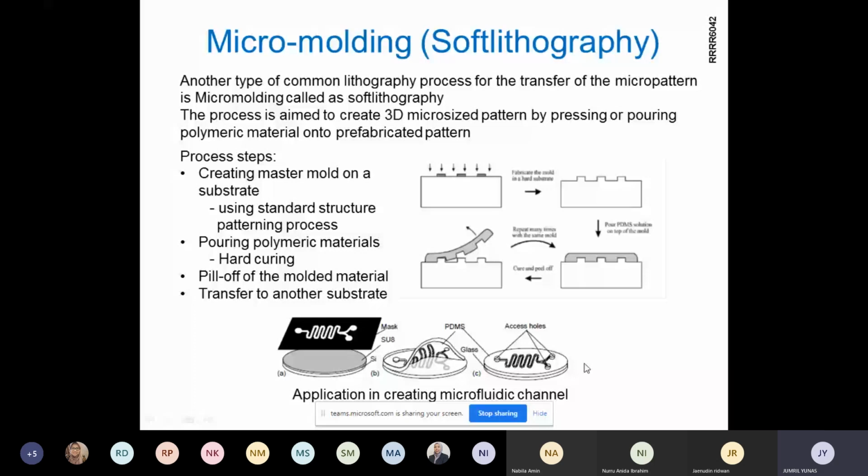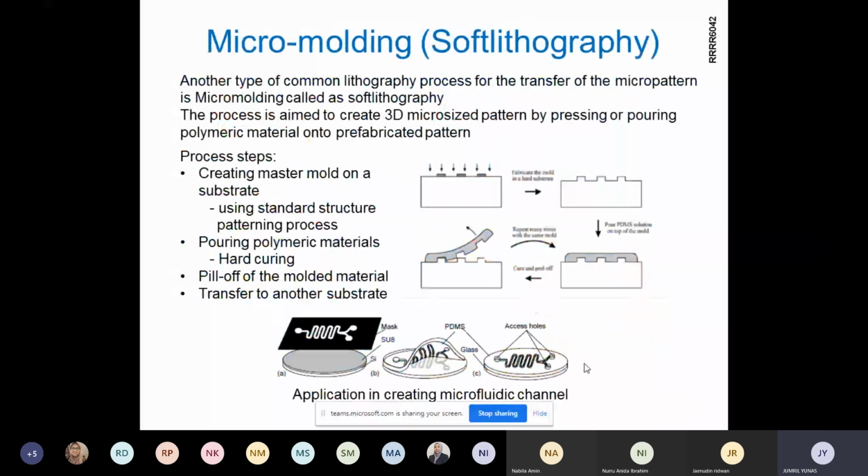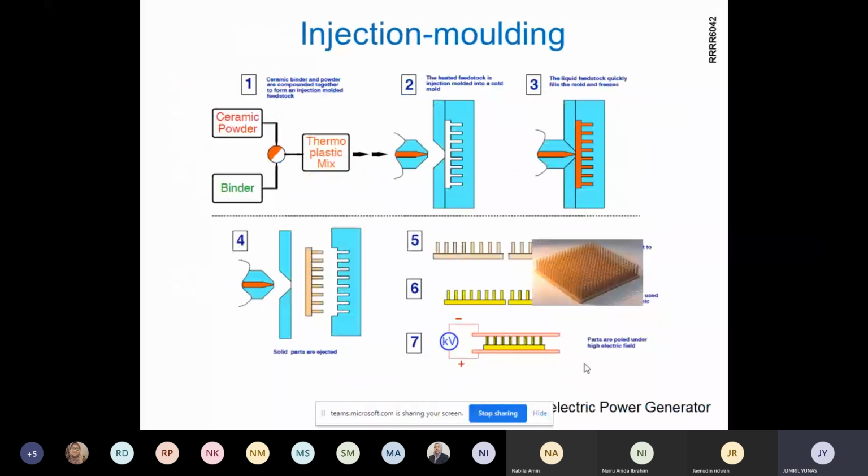Another type of common lithography process for the transfer of the micro pattern is injection molding. This injection molding is similar to soft lithography, micromolding. However, we apply injection pressure.